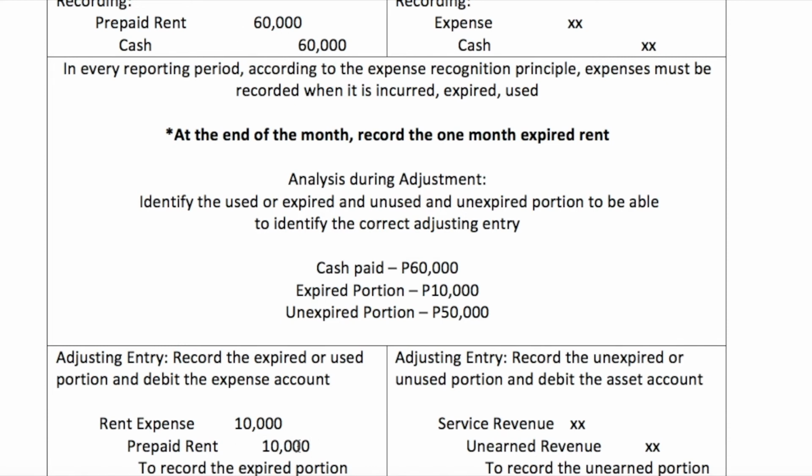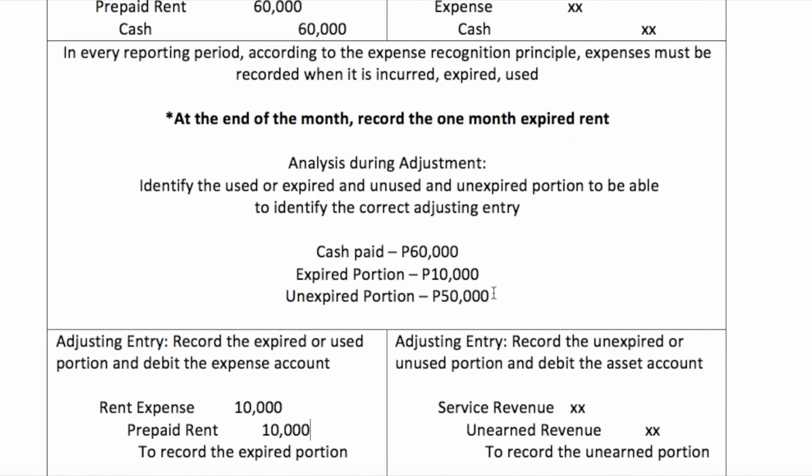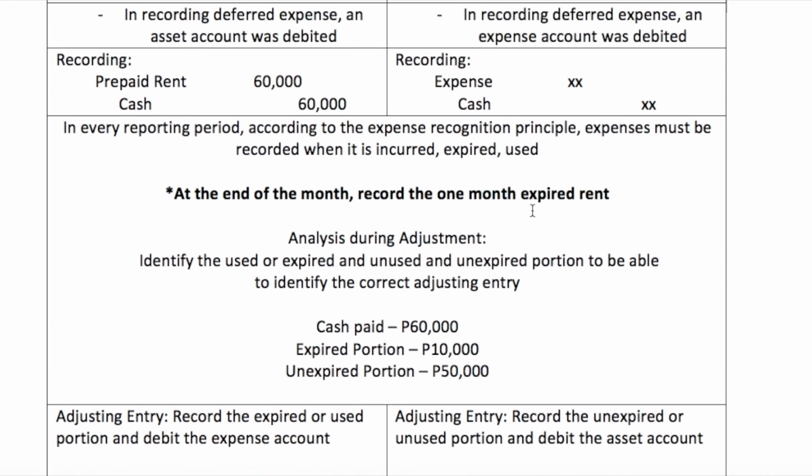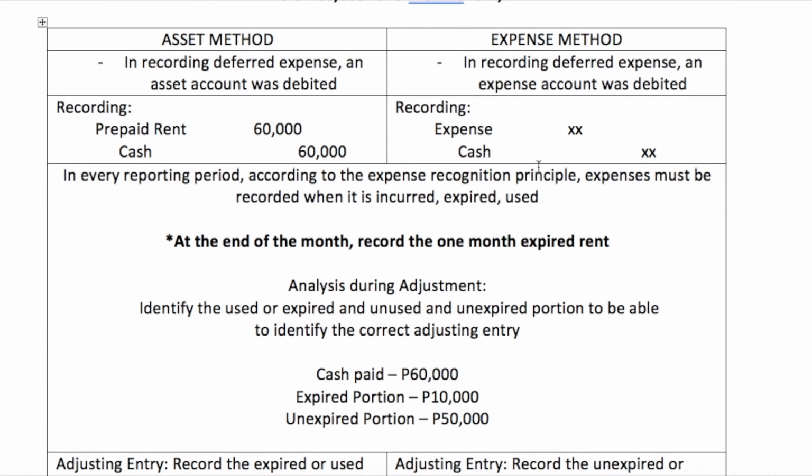It would now be just 60 minus 10, 50,000, which is what it should be, the unexpired portion of 50,000. So after the adjusting entries, the expired and the unexpired portion would be at their right amounts.